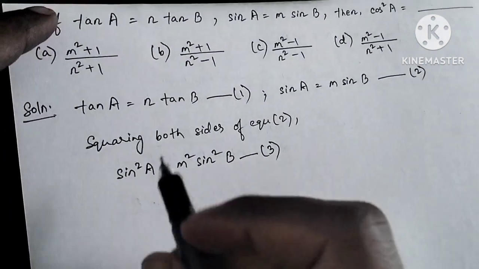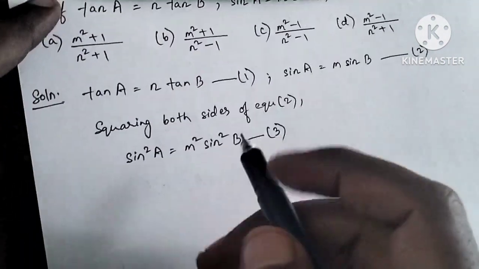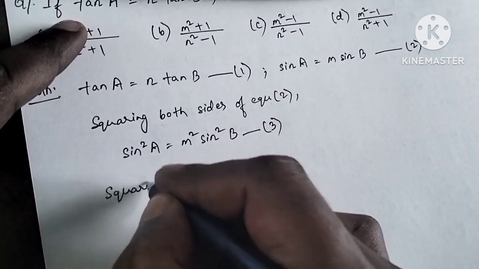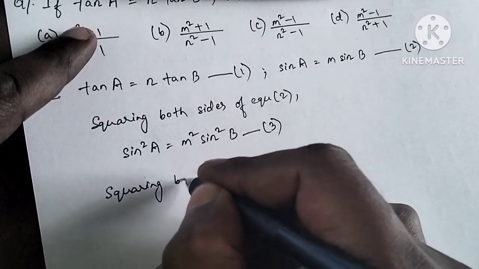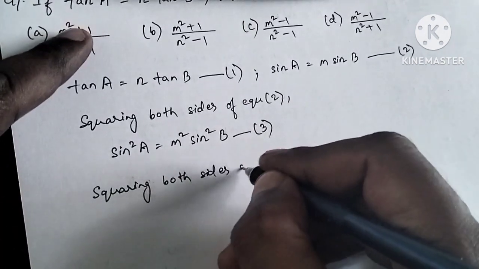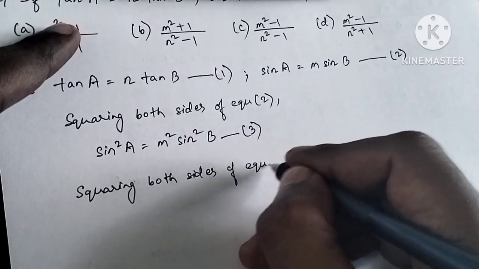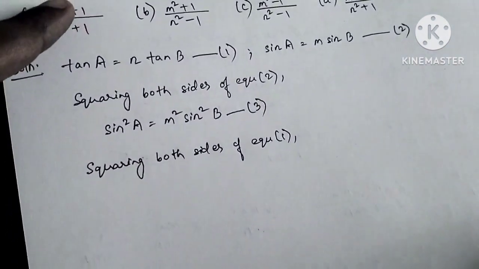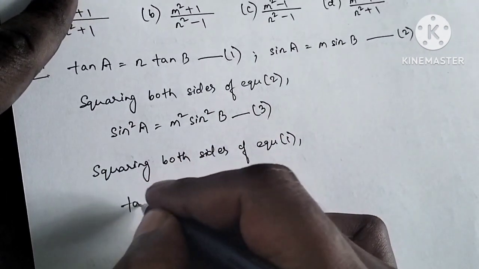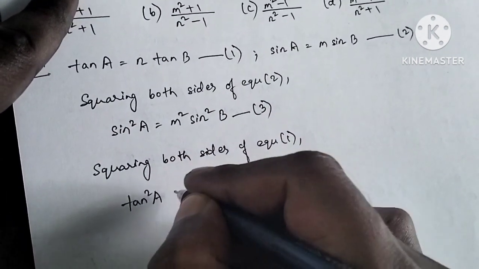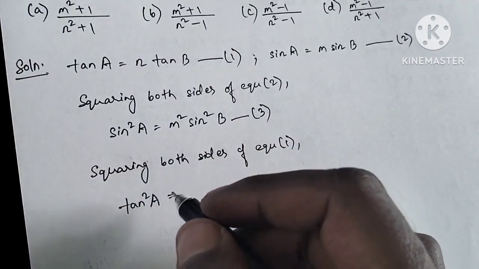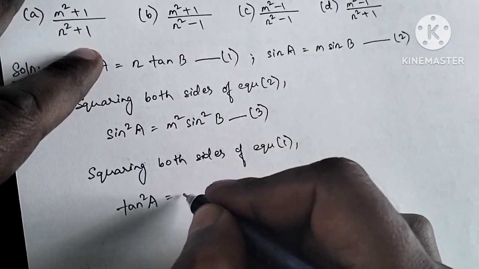Okay, now we will square both sides of equation 1. Squaring both sides of equation 1, what will be tan square A? Tan square A is equal to n square tan square B, right?